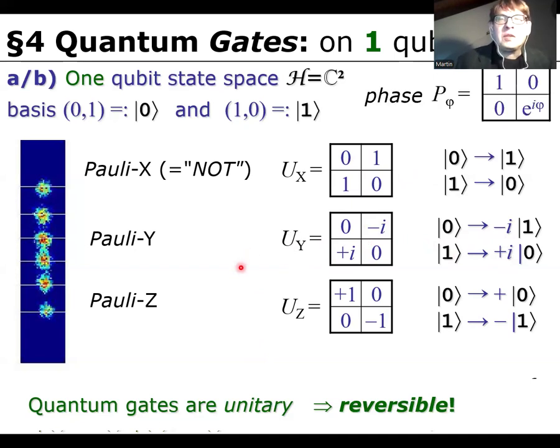We also consider a phase-changing gate, which leaves the 0 vector unchanged, but scales the complex 1 vector with some complex number of magnitude 1. It must be of this form to be unitary, and that's a phase change, and that's something we implicitly already encountered when we talked about polarization of light.